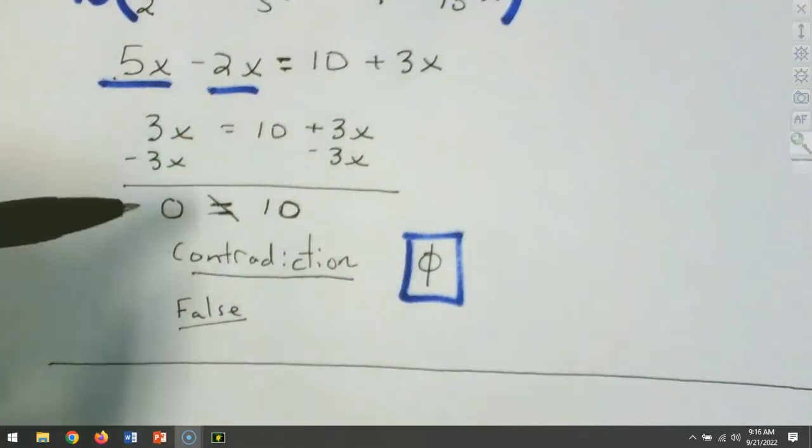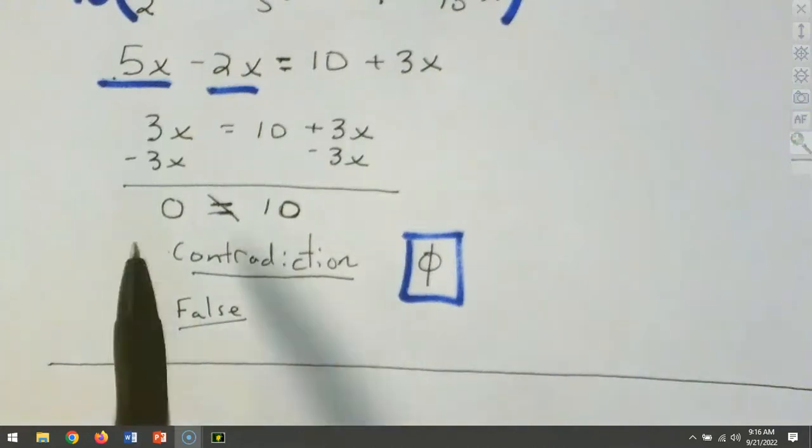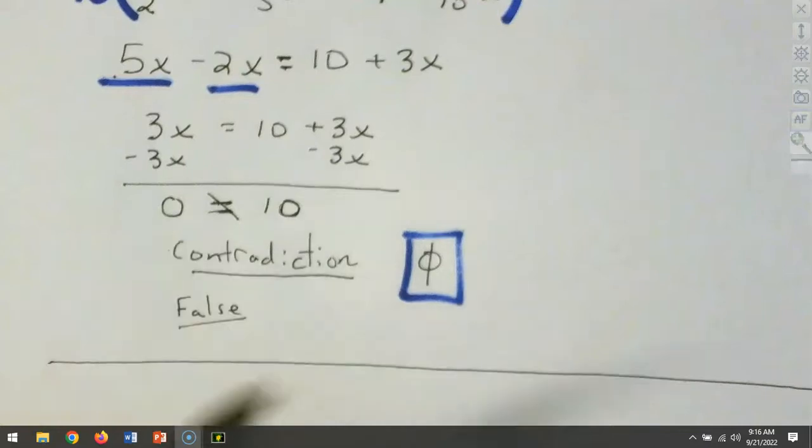Why is it like that? Because the variables canceled themselves out. And that doesn't happen that often, but once in a while it does happen. So if the sides are exactly the same, that is an identity. Think of identical twins. Same. If the variables cancel out, you're left with something that doesn't work because 0 does not equal 10.